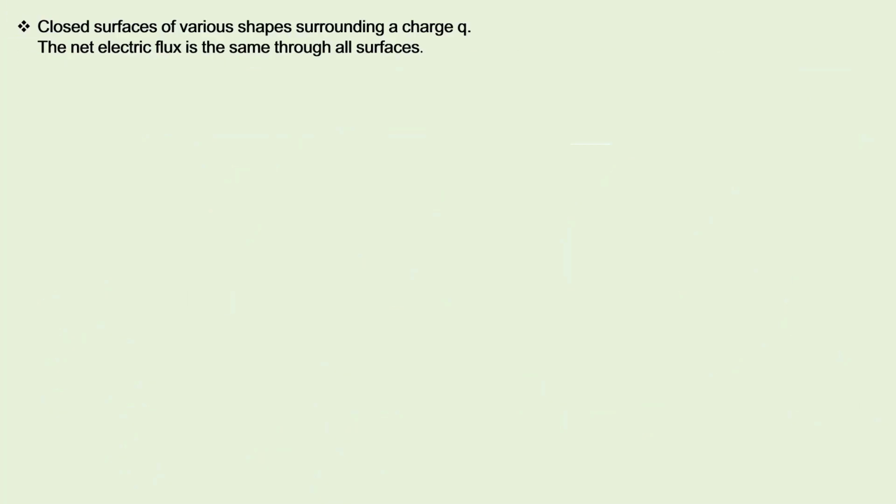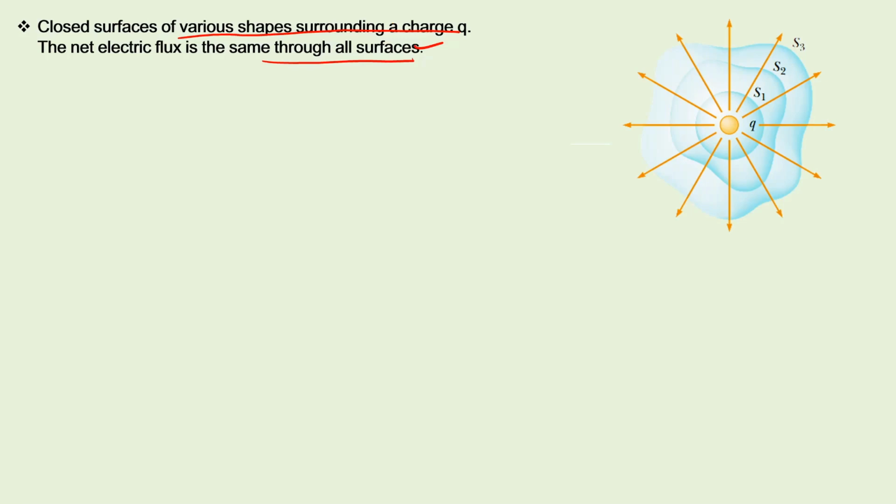Now we have seen closed surfaces of various shapes surrounding a charge q. The net electric flux is the same through all the surfaces. Let us suppose we have three surfaces: S1, S2, and S3. S1 is spherical, and S2 and S3 are not spherical.